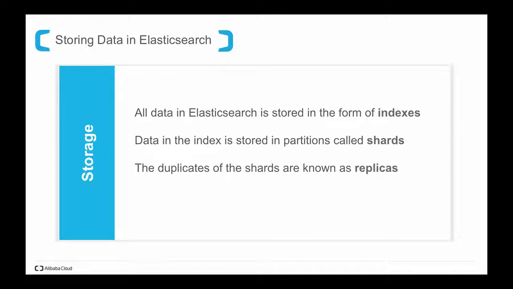Alright, so as promised, a few basic concepts about how data is stored within Elasticsearch. If you're familiar with relational databases, then an index in Elasticsearch would equate to a database in a relational database system. Data in an index is stored in partitions called shards.